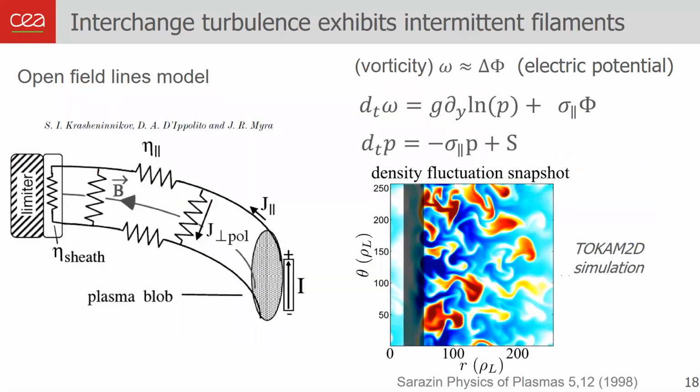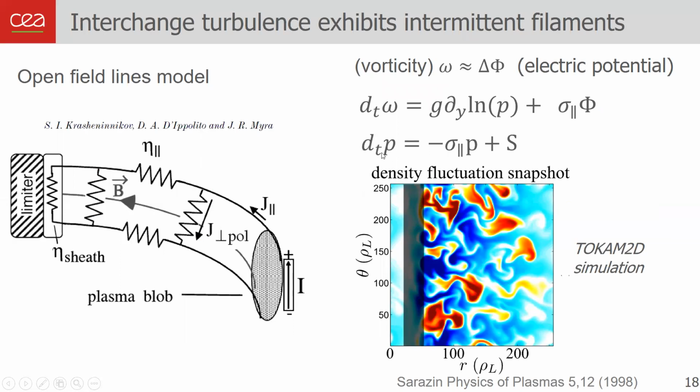So let's now have a closer look at this phenomenon of interchange. To describe this effect, we need some conservation equations. The first one is conservation of pressure or density, for instance. The model was originally dedicated to isothermal plasma, but that didn't change much.